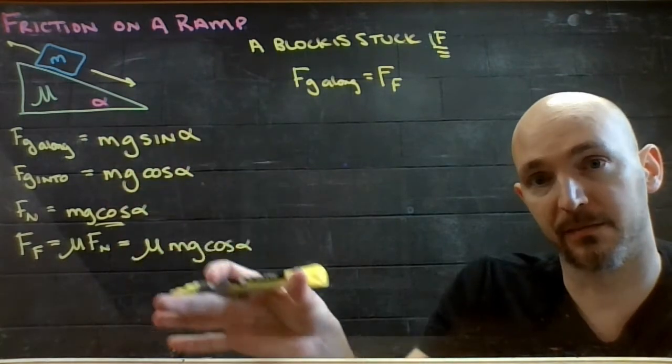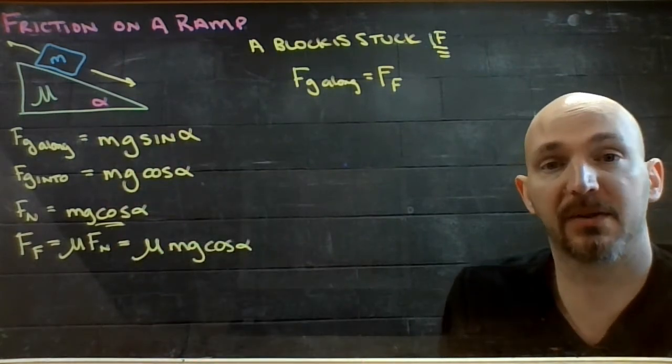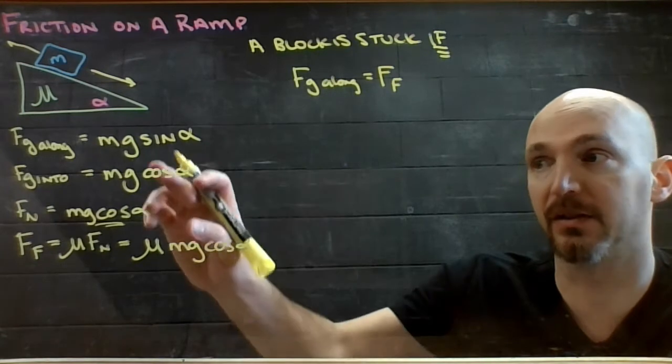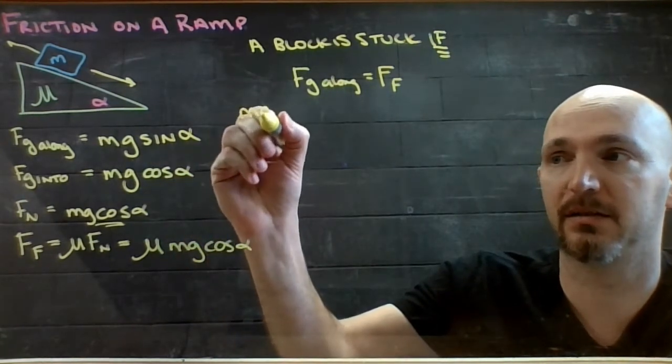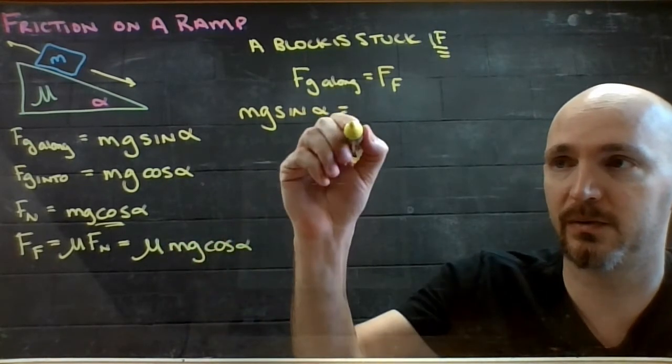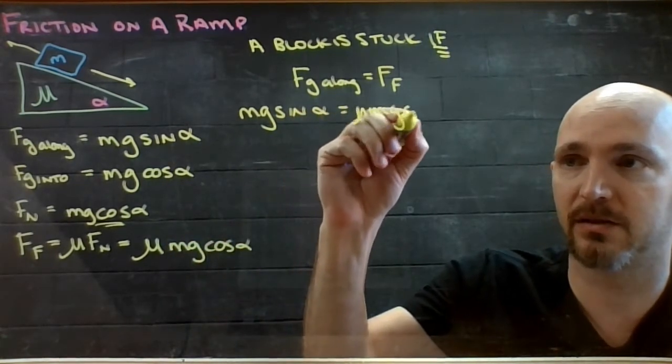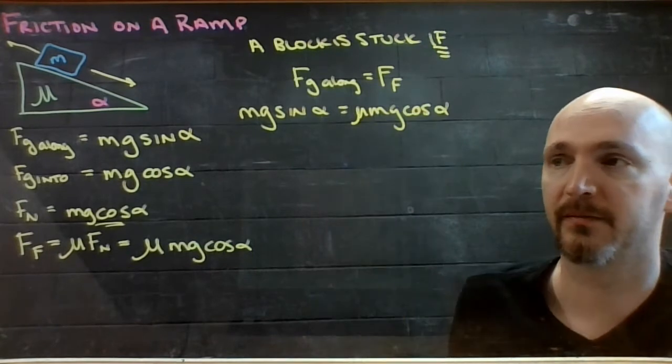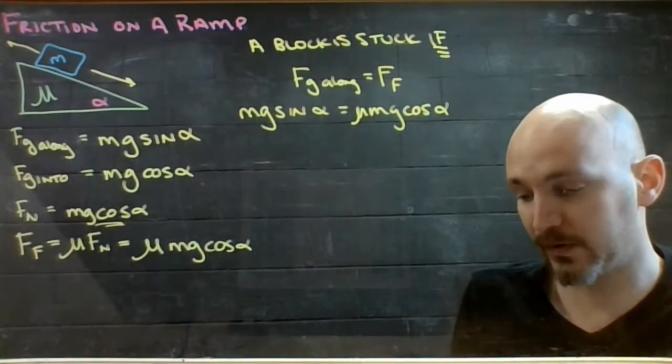Well, I have some algebra for those things, so I'm just going to pop them into this little structure. So mg sine alpha equals mu mg cos alpha.